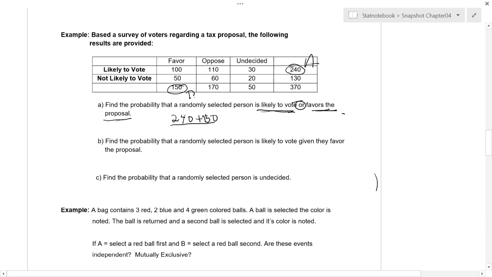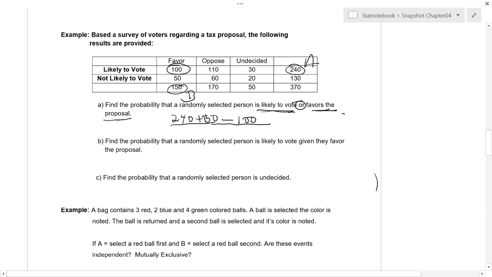Here's B, likely in favor of, but we have to back off the probability of favoring it and likely to vote, meaning that 100 there we counted twice, in the 240 and in the 150. So we need to back it out.